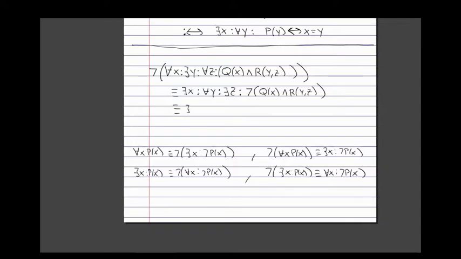This is the same thing as there exists an X such that for all Y there exists a Z such that, and this is just a proposition here, so I can use my normal De Morgan's law to write not Q of X or not R of YZ on my negation of this statement right here.